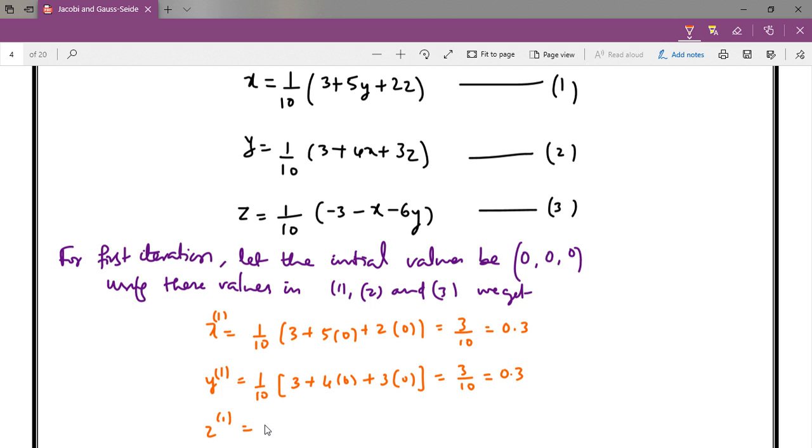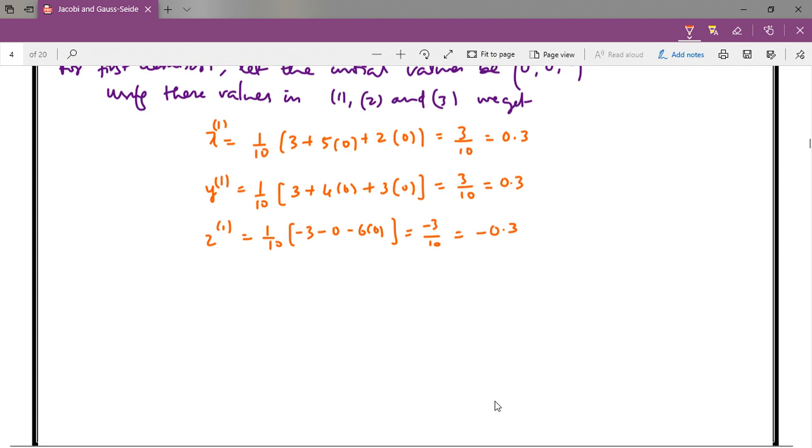Similarly, the z1: 1 by 10 into minus 3 minus x, that is 0, minus 6 into 0, so this gives minus 3 by 10, which is equal to minus 0.3.